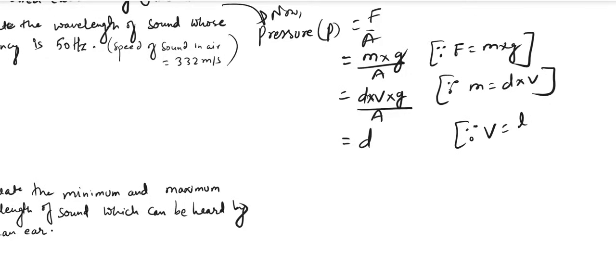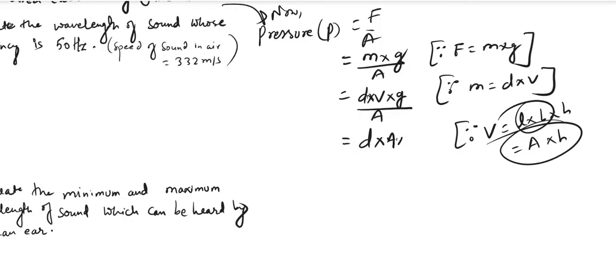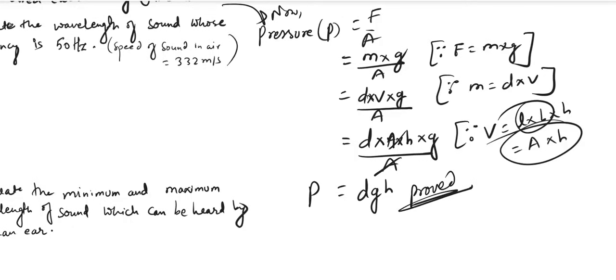Volume is equal to L into B into h, and L into B is equal to A, so d into A into h into g upon A. So A cancels and it becomes dgh. So P is equal to dgh, proved. Like this way we can prove this.